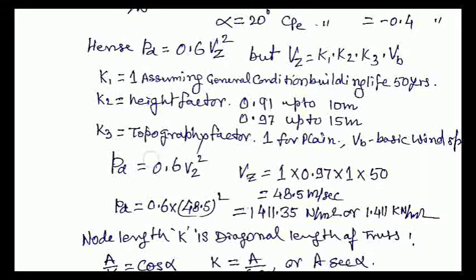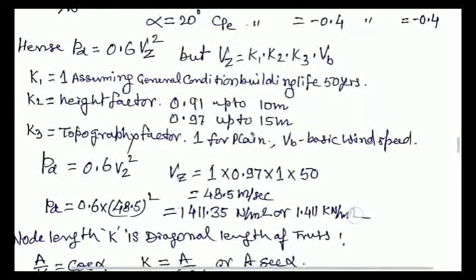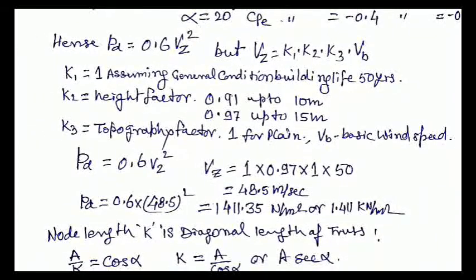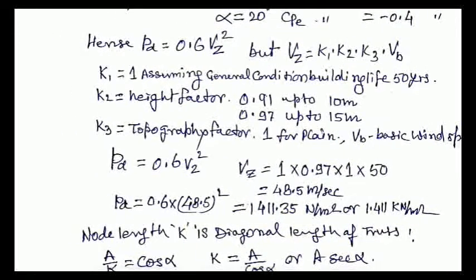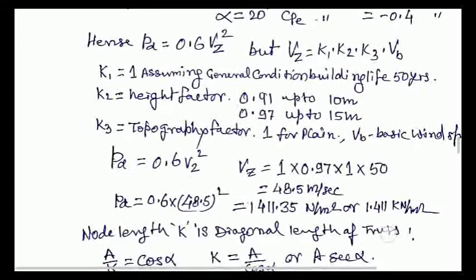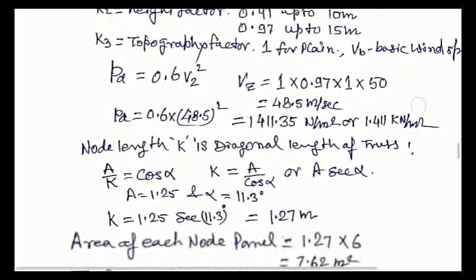Now K3 is the topography factor, which is for a plane, and Vb is the basic wind speed, 50 meters per second. So Vz comes out to be 48.5 meters per second, and we can find the PD pressure. It comes out to be 1411.35 Newton per meter square, or 1.411 kilonewton per meter square.